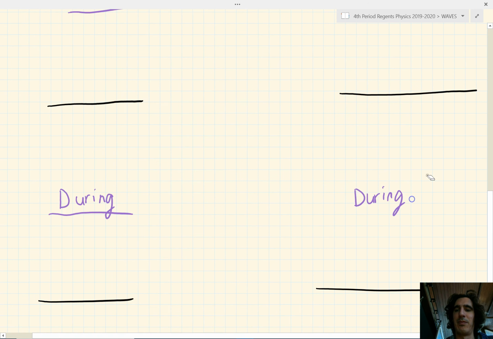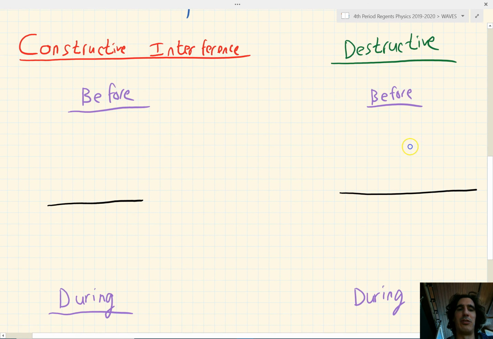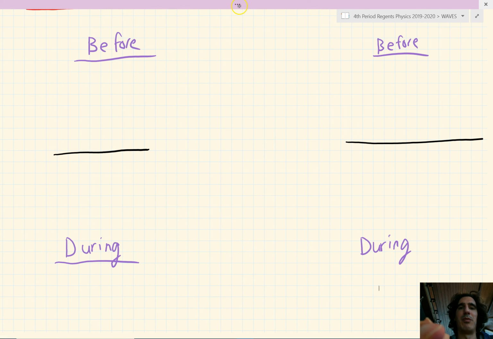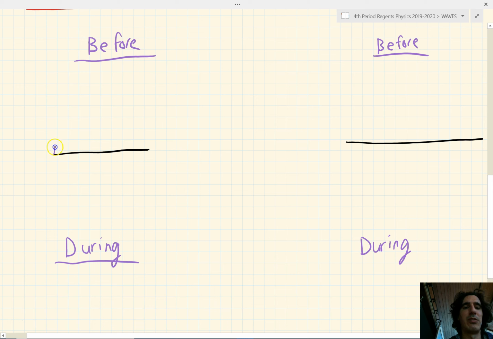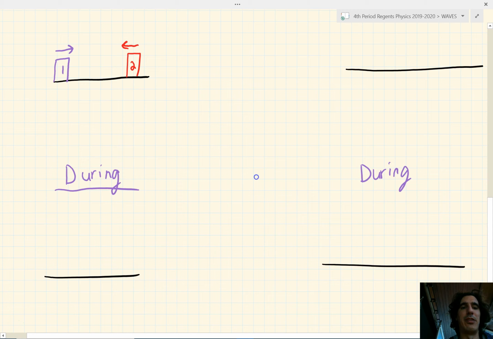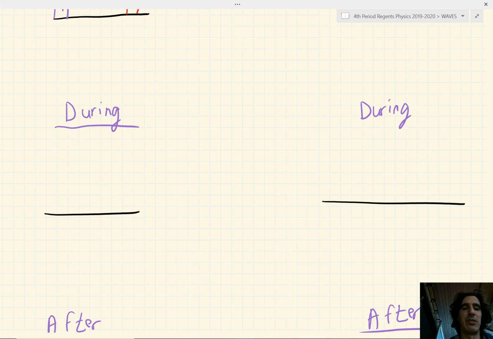So let's draw that to get a good idea of what's happening step by step. For constructive interference, before they interfere, we have one wave going to the right. Let's call that wave 1. And a second wave going to the left. We'll call that wave 2. And what happens when they interfere? During the interference, the amplitude is going to increase. So now we're going to have a larger wave. We'll call it 1 plus 2.